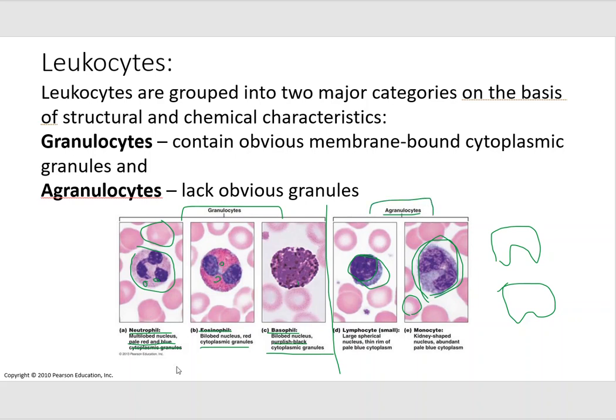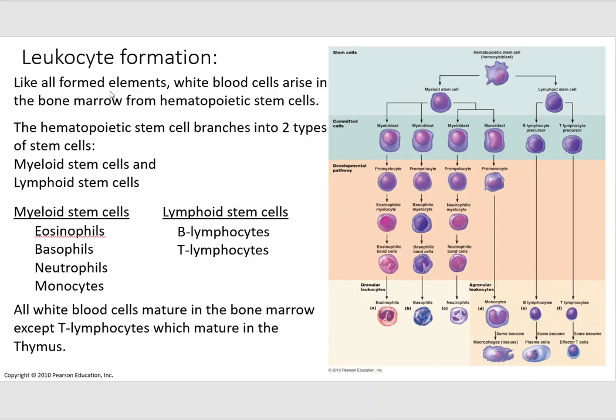I want to give you an opportunity to have an easy way to remember these guys, to catch them on the exam. Leukocyte formation, we talked about erythropoiesis. Now we're going to talk about the rest of the cells. There's our hemocytoblast, the hemopoietic stem cell.